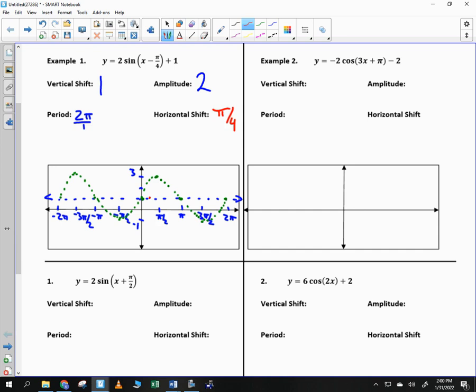However, 4 is half of 1. So you can see you put all 4 pieces there.